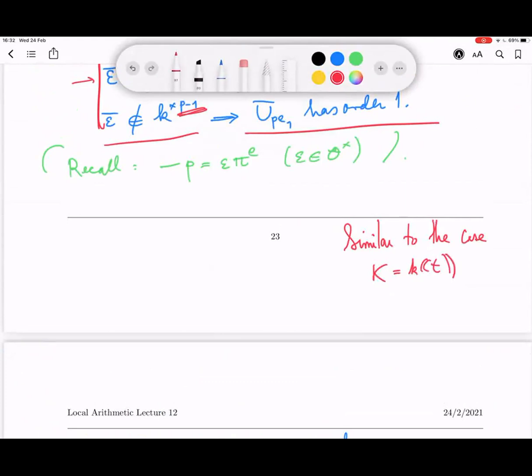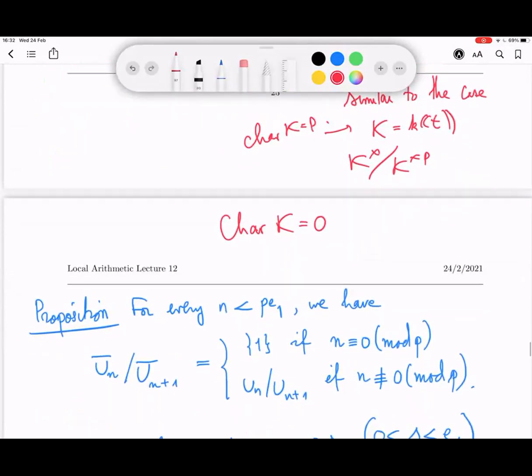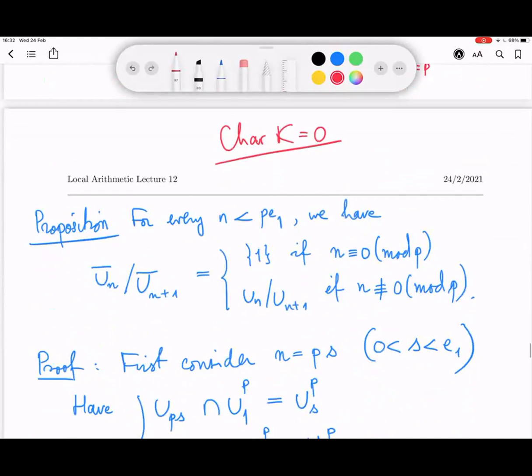So in this case, we had determined the structure of K star modulo K star to the power p, right? And now what we are supposing is that the characteristic of K is equal to 0 and not p. In that case, the characteristic of capital K was p. Now we are in characteristic 0, but things are similar.